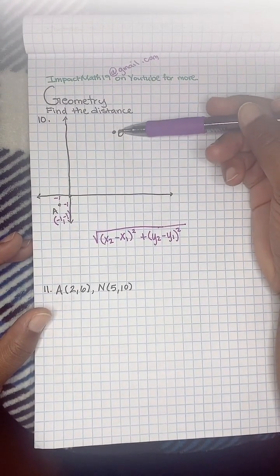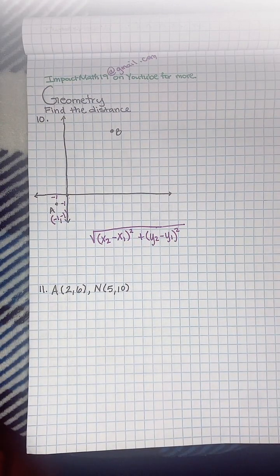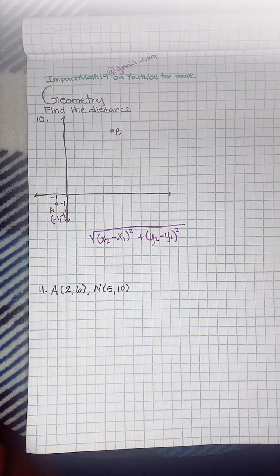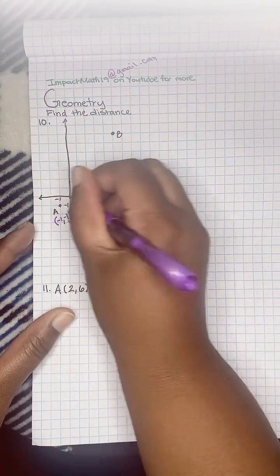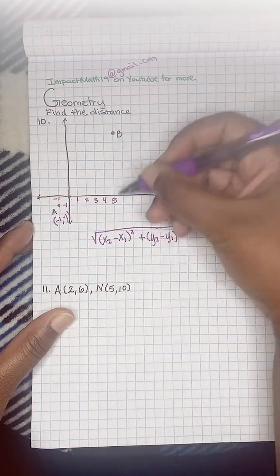Can people identify the B for us? So Jose said the answer is 5. Okay, let's see, Jose. Anthony said 6, 7, 5, 7 we have. All right, so this is 1, 2, 3, 4, 5.